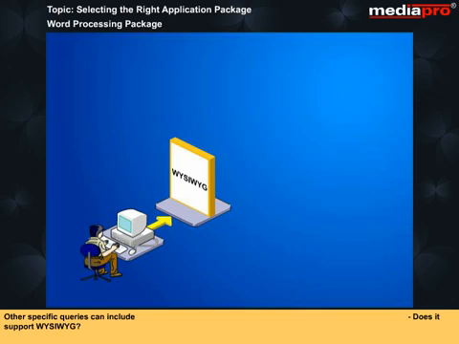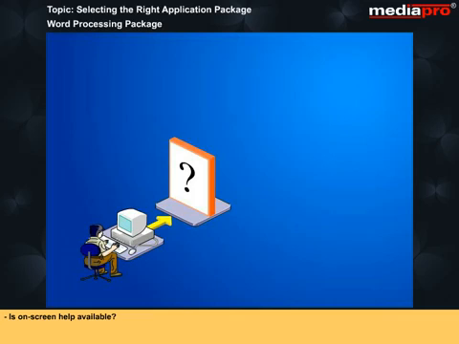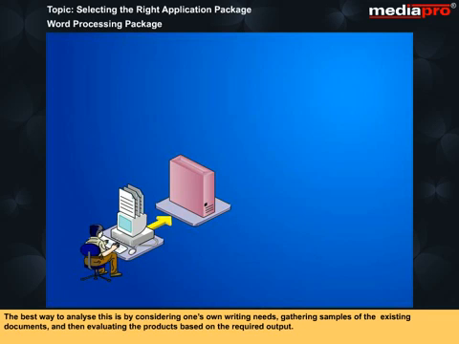Other specific queries can include, does it support WYSIWYG? How easy are the store and retrieve operations? Is on-screen help available? The best way to analyze this is by considering one's own writing needs, gathering samples of the existing documents, and then evaluating the products based on the required output.